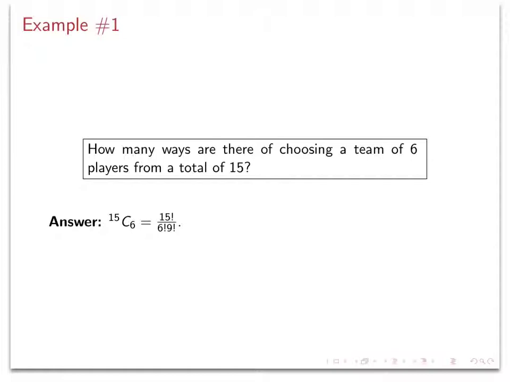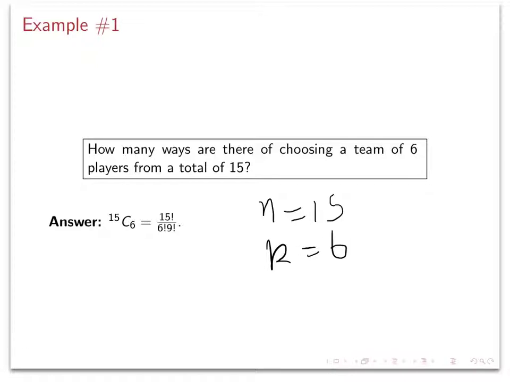Okay, so a simple question: how many ways are there of choosing a team of 6 players from a total of 15? The straightforward answer is 15 choose 6. n equals 15 and k equals 6.